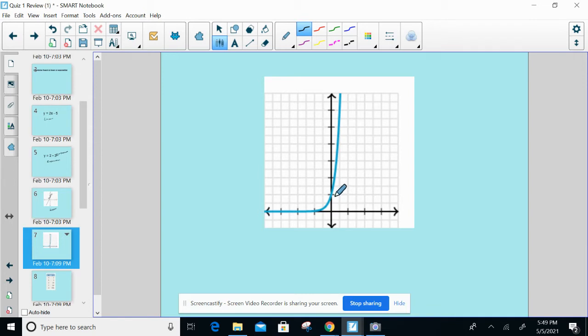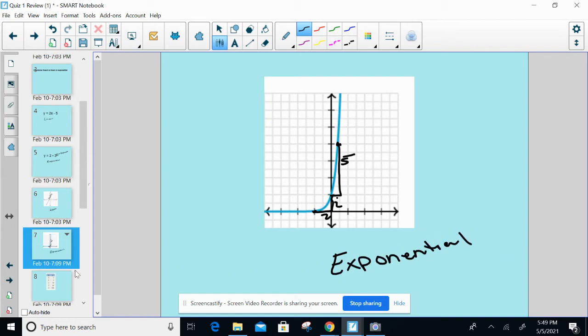The growth changes, from here to here, it's like up 2 over 2, so it'd be like 1, but from here it's over 1 up, is that 5? So that's like a growth of 5. So it went from 1 to 5. It's growing more and more every time, exponential.